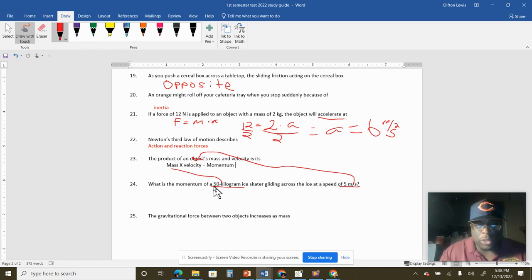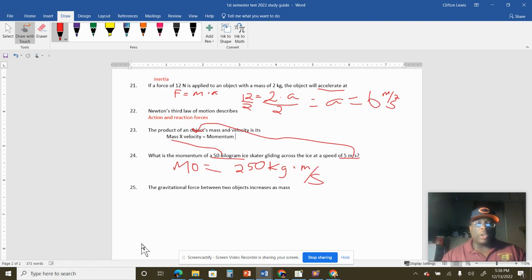So what would the momentum be? It'd be 250 kilograms times meters per second.